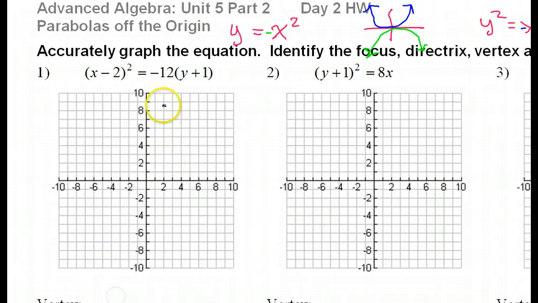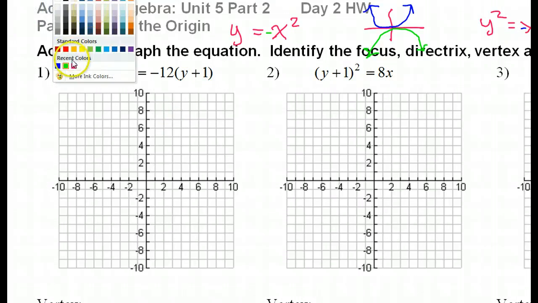So look at problem number 1. The first thing you have to decide is whether it's up, down, left, or right. What do you think? I'm hoping that you said down.